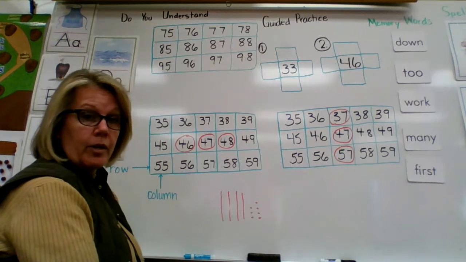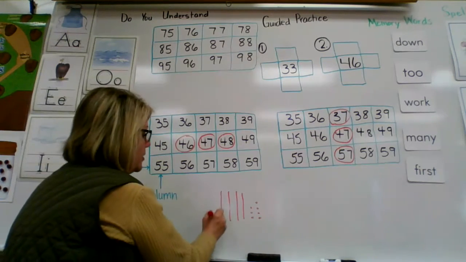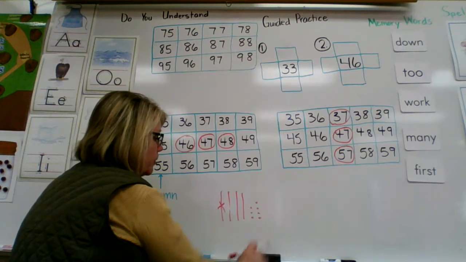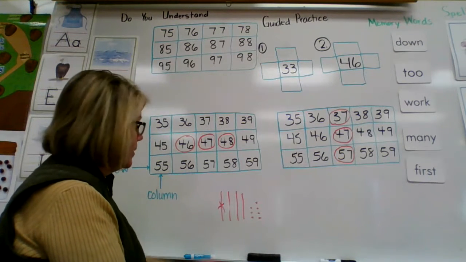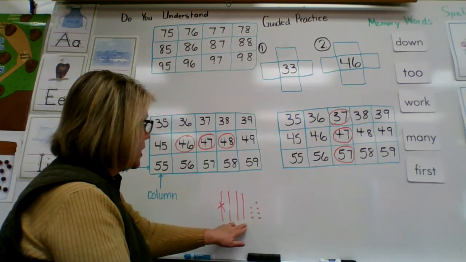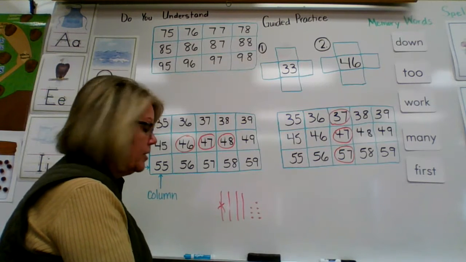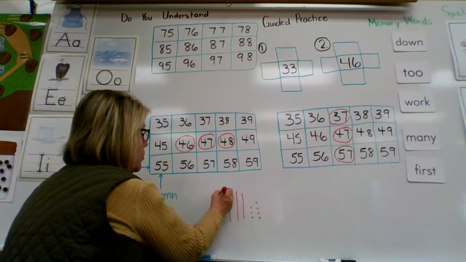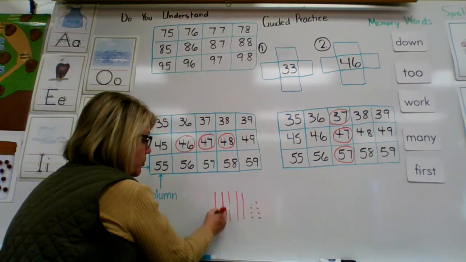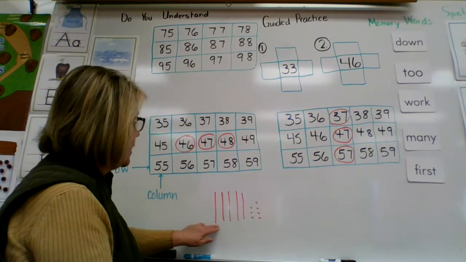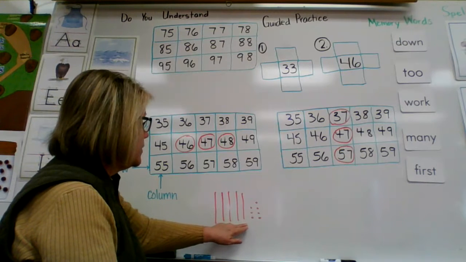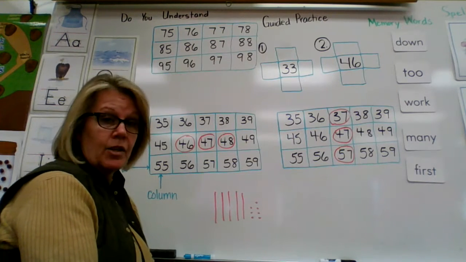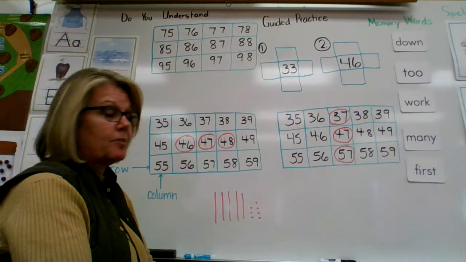If we want to show a number that is 10 less, we can take away a group of 10. 10, 20, 30, 37. Okay? And if we want to show a number that is 10 more, we just add a group of 10. 10, 20, 30, 40, 50, 57.